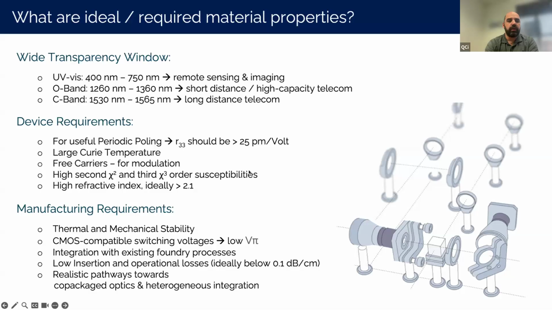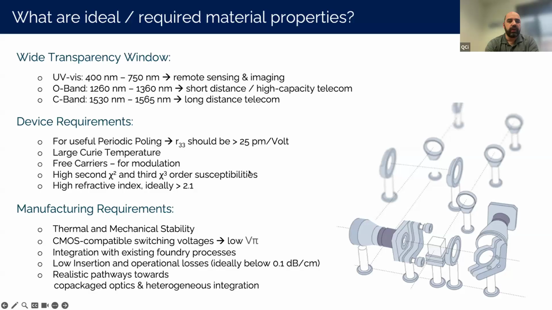For example, all long-distance telecom communication is done in the C-band around 1550, and the O-band around 1300 nanometers is very commonly used for short-distance communication, but also for high-speed, high-capacity inter-data center communications. And if you want to do remote sensing or biological sensing and imaging, that's typically in the visible range.